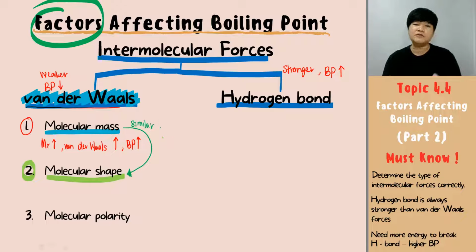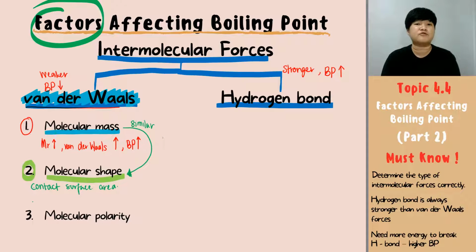When the molecular mass is very similar, you cannot use it as a factor to discuss the boiling point. Therefore, you move from the molecular mass to the molecular shape. And in molecular shape, we will talk about one important thing, which is your contact surface area. What affects the molecular shape is the contact surface area of that shape.